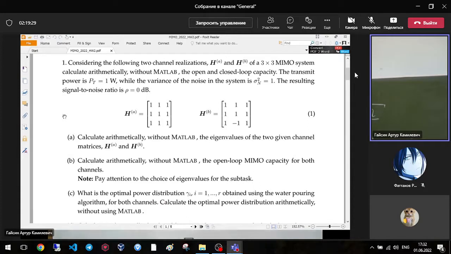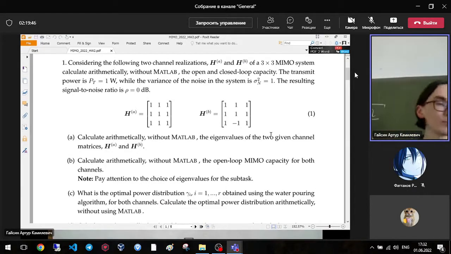And maybe I will change the values inside of this matrix, but maybe something like just 1, 1, 1, 1, 1, here minus 1, and here will be the full row of 1s.